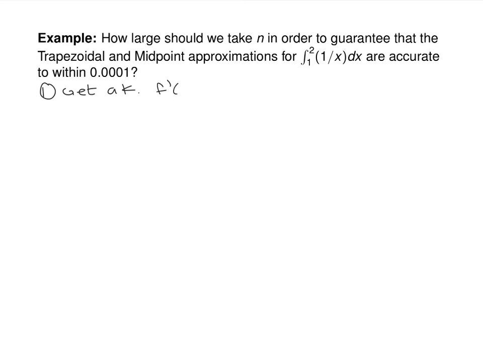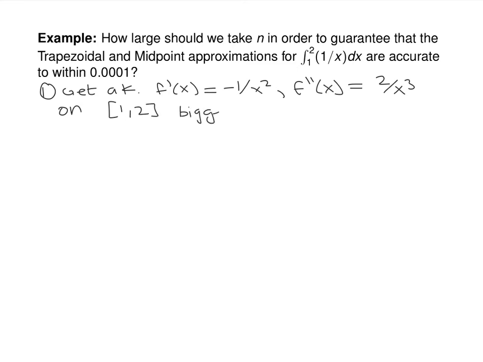So f prime of x is -1 over x squared. The second derivative is +2 over x cubed. And notice that on the interval from 1 to 2, the second derivative is largest at x equals 1. So we can take k equal to 2.